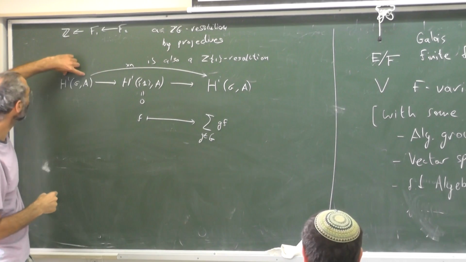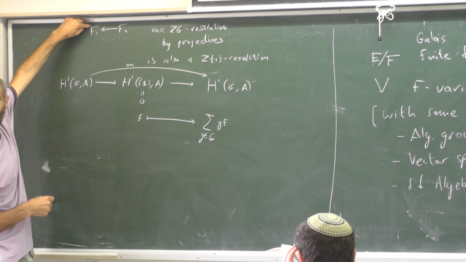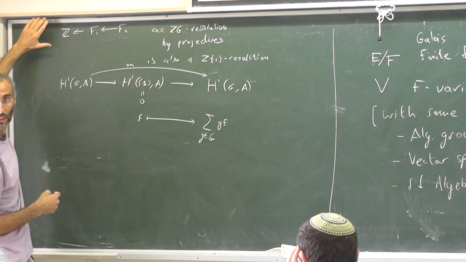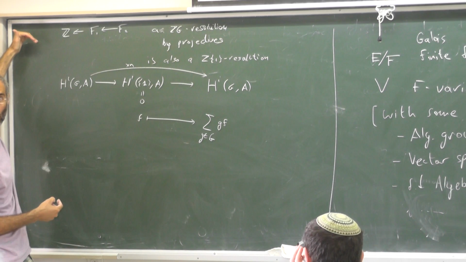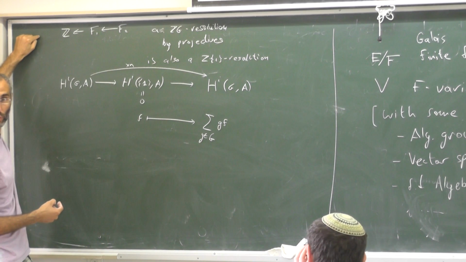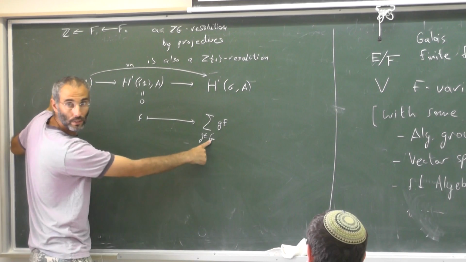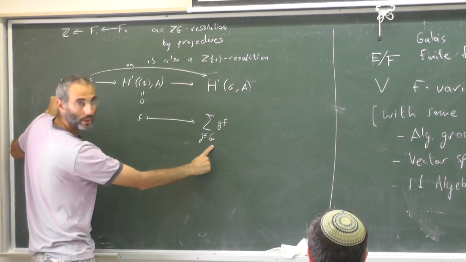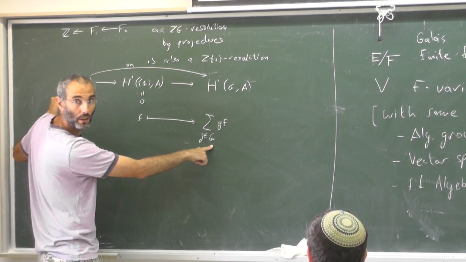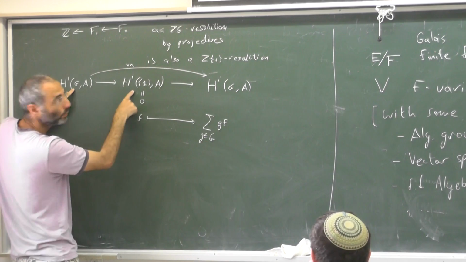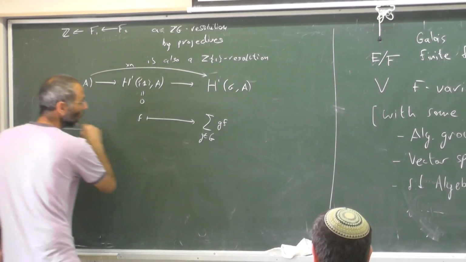So if I started with something which was G invariant here, recall that when looking at this resolution, I'm taking the G invariants and computing the cohomology of this complex, I'm getting the group cohomology. So if I had started with something which was G invariant and followed these two lines, here I'm doing nothing, and here I'm taking n times whatever I had before. So the composition is just multiplication by n, but of course it factors through this trivial thing. So this is the explanation.